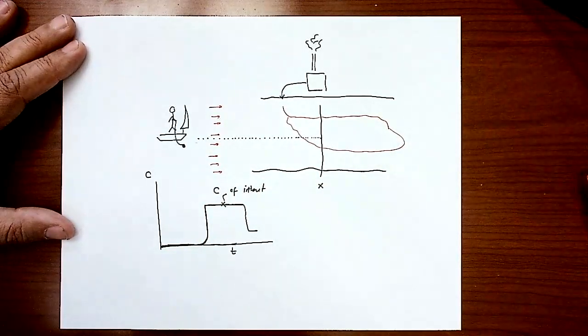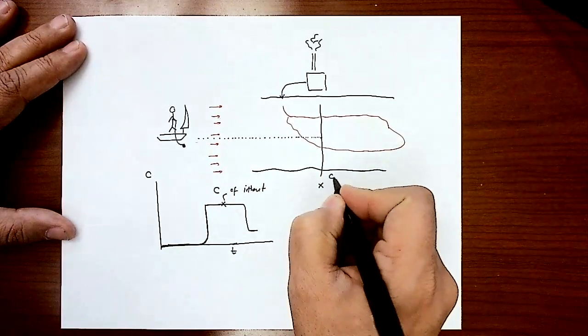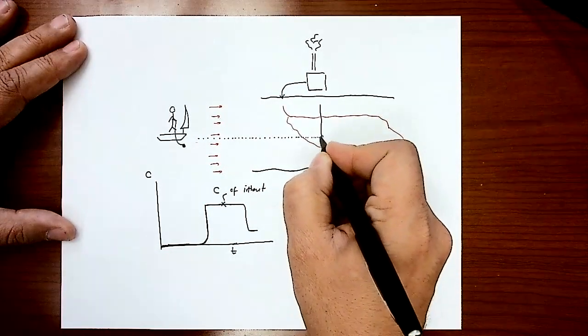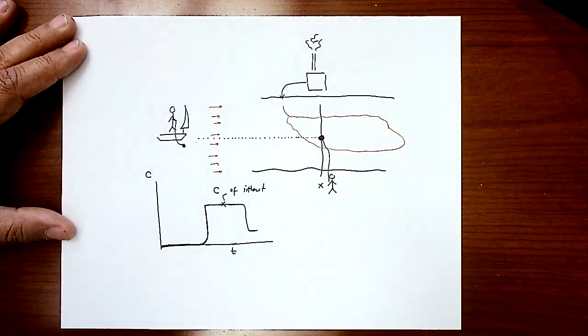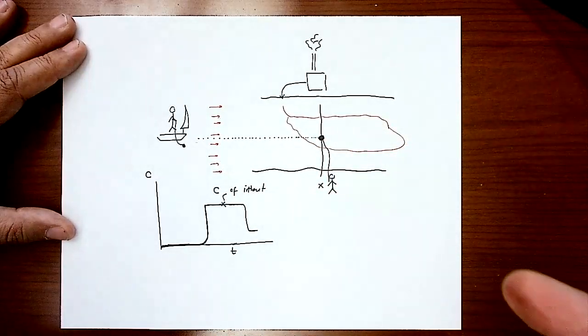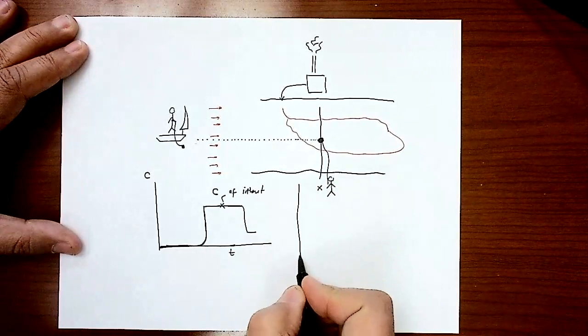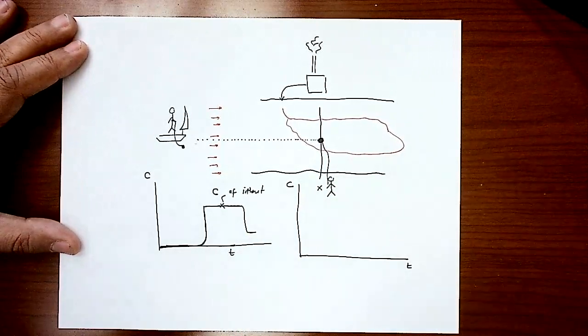The second approach is, okay, no, I'm not going to do that. I'm going to stand up on the riverside here. I'm going to put my own sensor at that location of interest, and I will let the time go on. Okay? In this case, if you are recording the concentration versus time, your initial reading is not going to be 0, right?